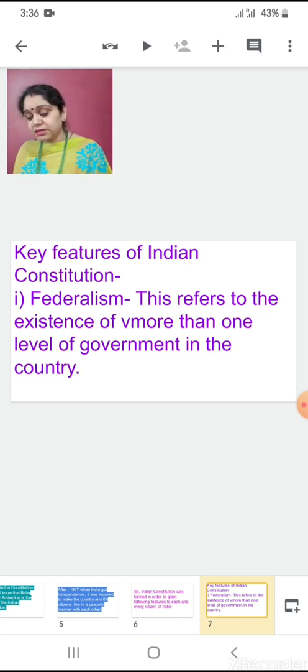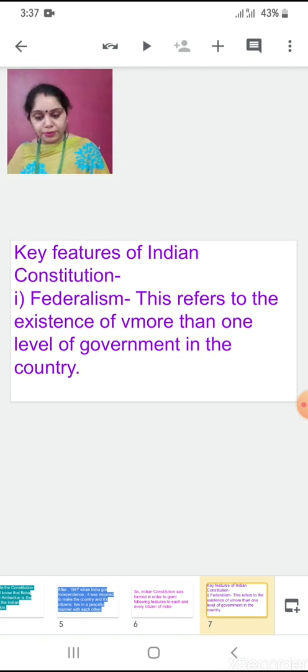Federalism. This refers to the existence of more than one level of government in the country. In India, we have governments at the state level and at the center. Panchayati Raj is the third tier of government, and you have read about it as well. The vast number of communities in India meant that a system of government needed to be devised that did not involve only persons sitting in the capital city of New Delhi making decisions for everyone.